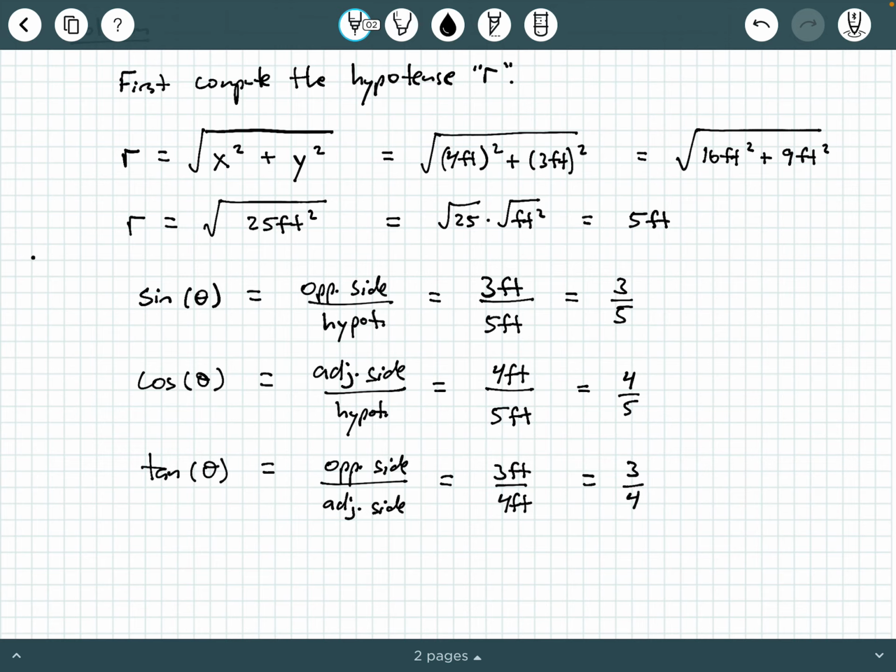Okay, so a thing to note here is if you're a mathematician or a science person or an engineering person, we love to keep track of the units of measurements in a problem. So something to note here is that we had units of feet in these measurements, and notice that when I calculated the hypotenuse r, I kept track of those units of feet, and I saw how it reduced and canceled with a square root to leave me 5 feet as my final hypotenuse length.